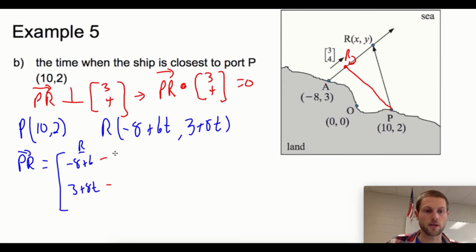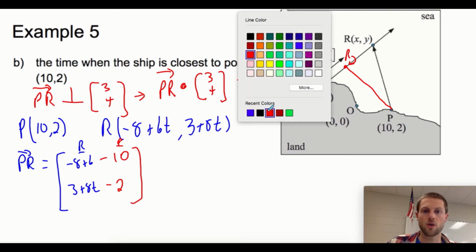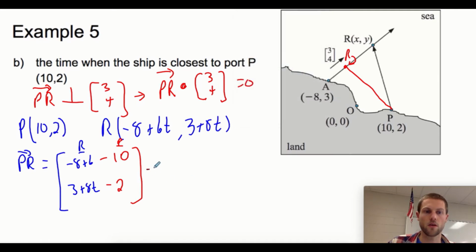So this is minus 10, and this is minus 2. So this is like my point P. So I took R, subtracted P, to find the vector PR, which is equal to negative 18 plus 6t and 1 plus 8t. All right, so that's vector PR.